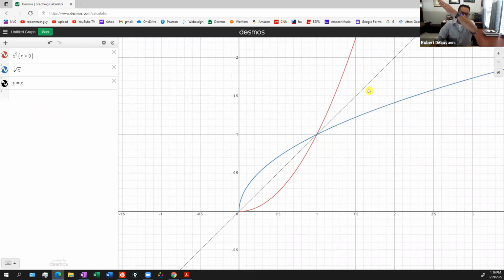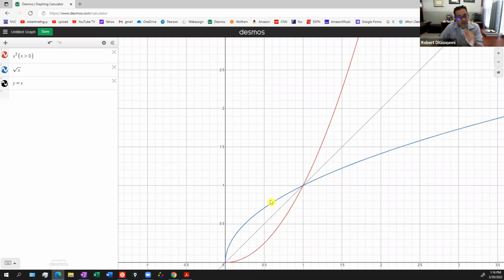It's just a perfect 45-degree line. Notice that the original red function, x squared restricted only to the right of 0, and the blue function are mirror images of one another over the dotted line. So if you turn your head to the side, the blue and red are reflections of each other. Do y'all see that?